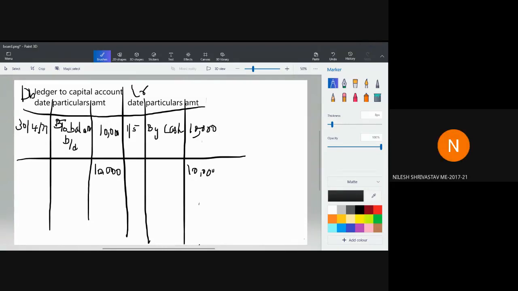So try attempting the quiz. In the quiz, I might have asked about one cash sales. Suppose I say cash sales is rupees 10,000. So what kind of account is that?